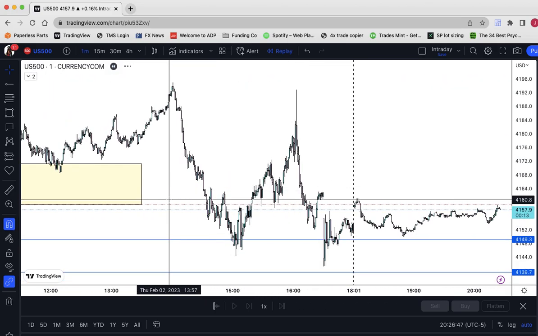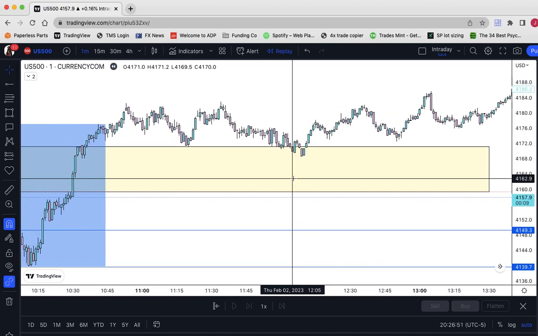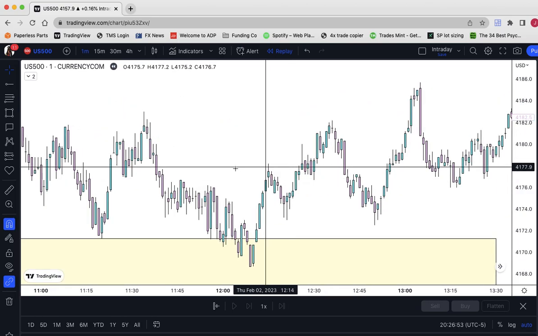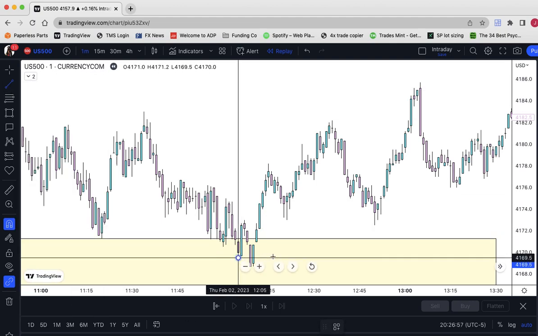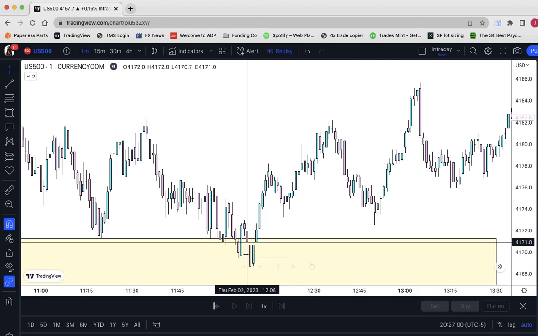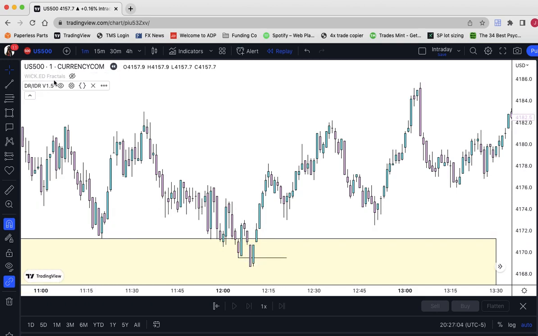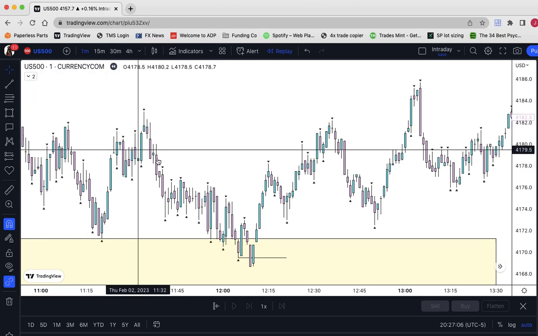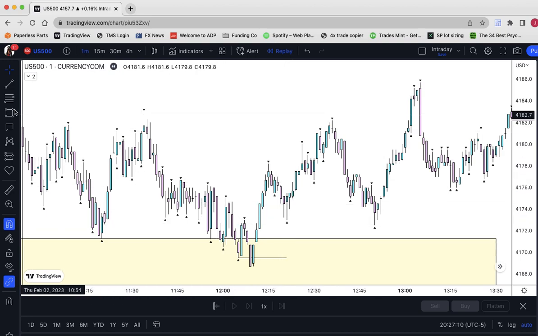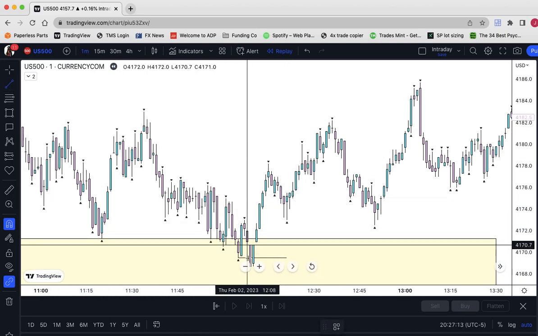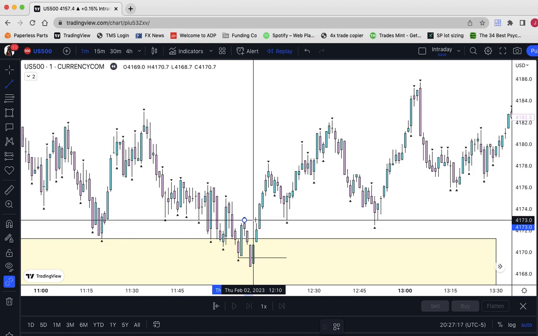I go to the M1. I look for some kind of pattern, which is the only entry pattern I take. These areas are swing highs and swing lows, so price broke through, but it didn't stay, and then it reversed.